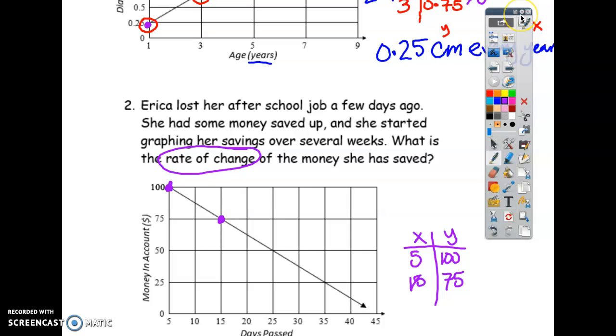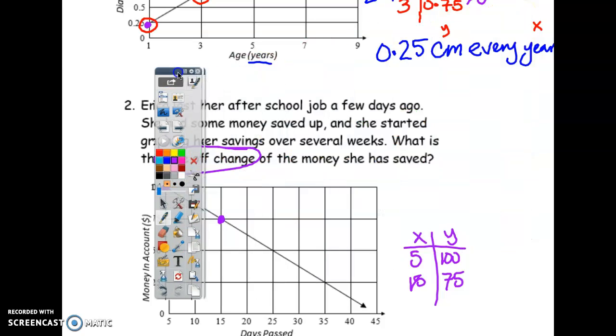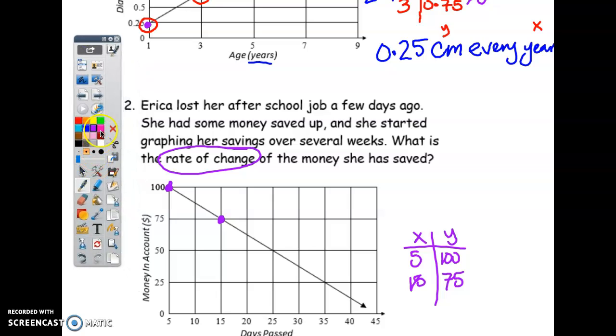So we're going to do the change of y over the change of x, because that gives you your slope. How much did my y change by? 25. Now, some of you are looking at this and saying it's 25, but it's going down, right?